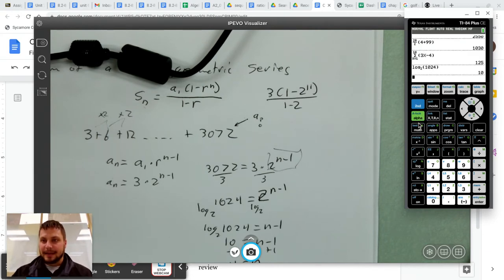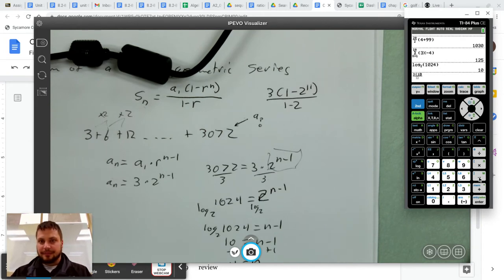I will use my alpha y equals button and type exactly what I see, which is 3, parenthesis, 1 minus 2 to the 11th power, arrow down from there and close this off. And that's all over 1 minus 2.